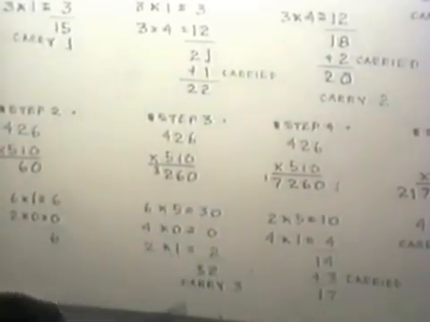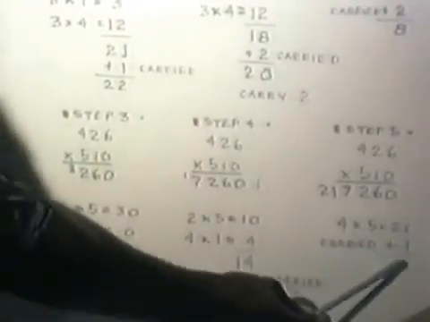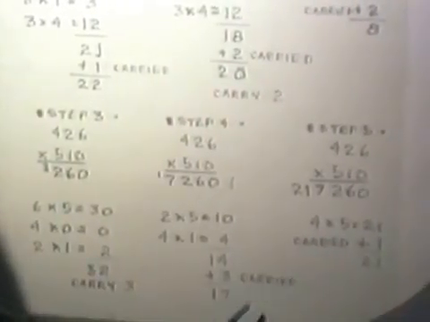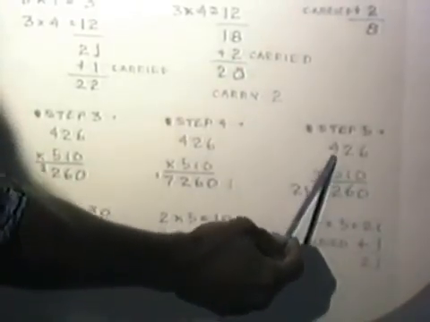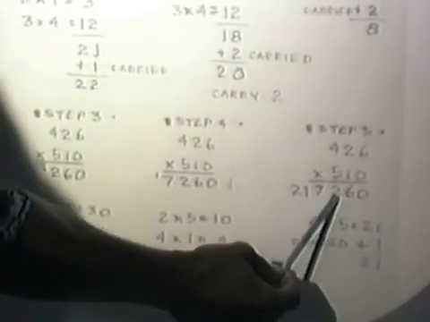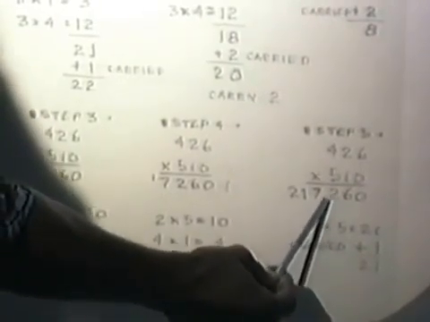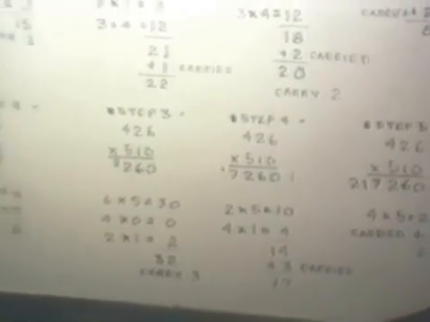Our last step is vertical multiplication. 4 times 5 is 20. Plus the 1 that we carried, which makes 21. So the answer to 510 times 420 is 214,200.